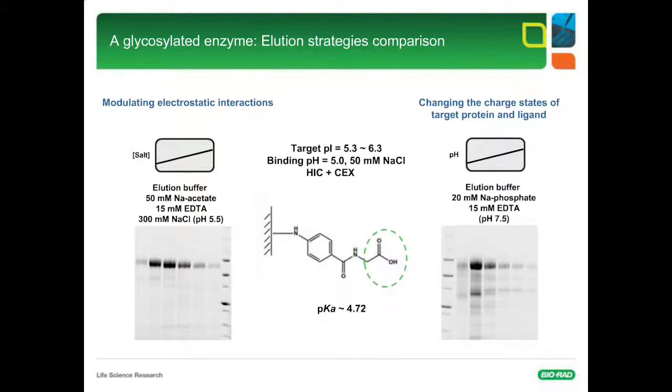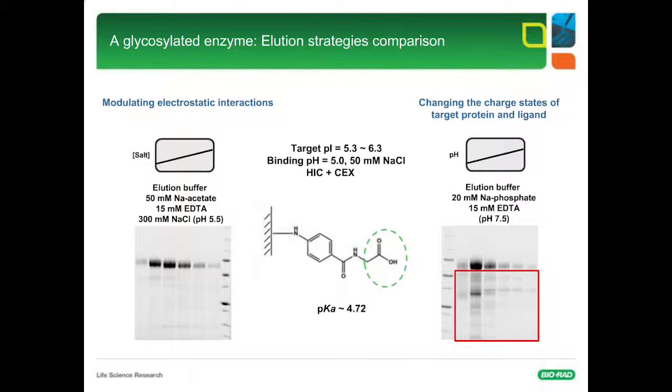Now on the right-hand side, we see if we apply a pH gradient on the column, the target molecule is eluted. However, you also see a lot of impurities on the SDS-PAGE gel because we think when we raise the pH, we change the charge state of the target protein, the impurities, and the ligand.